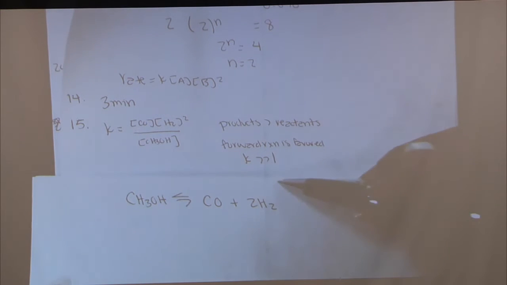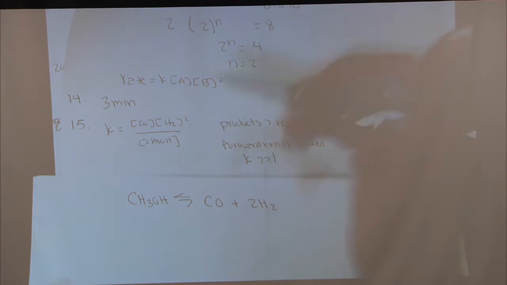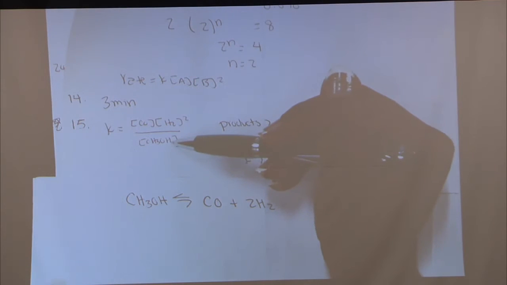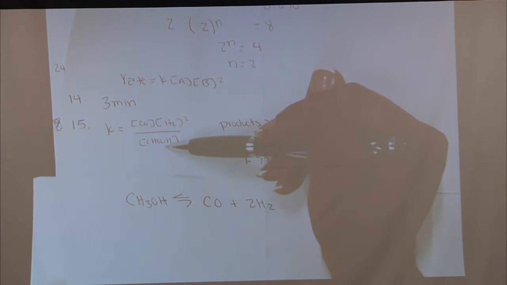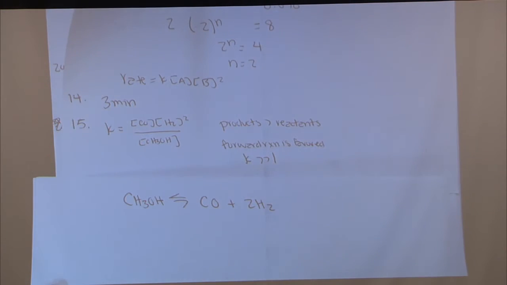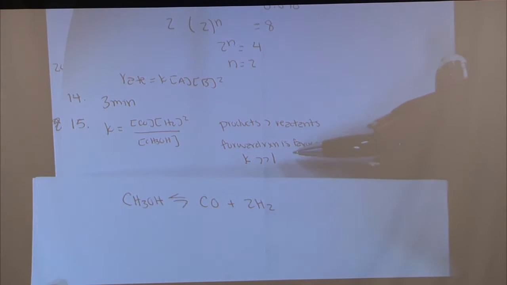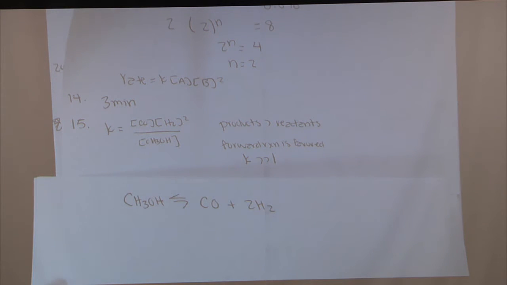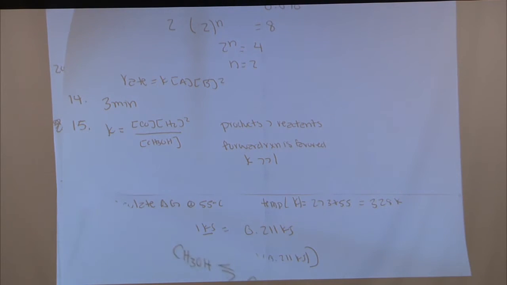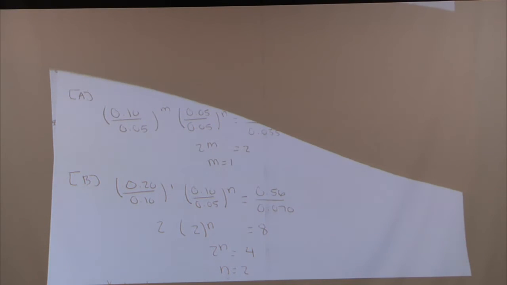So the forward reaction is favored. Now, if the bottom one was greater, so this was 5 at the bottom and this is 1, then you have 1 over 5, and that's way smaller than 1. So therefore, the reactants would be favored. Does that make sense? Yeah? Okay. Let's move on to the next question.